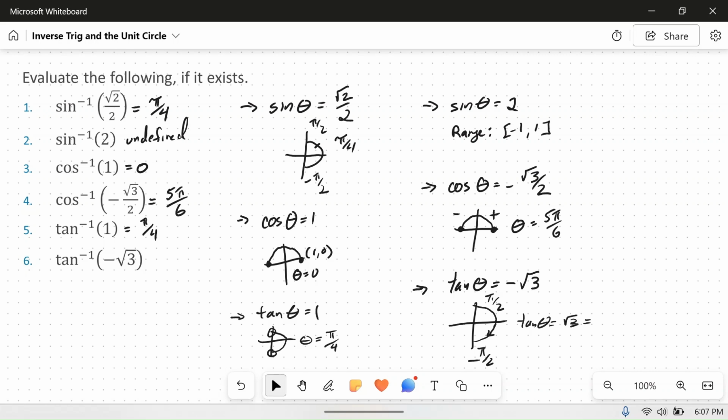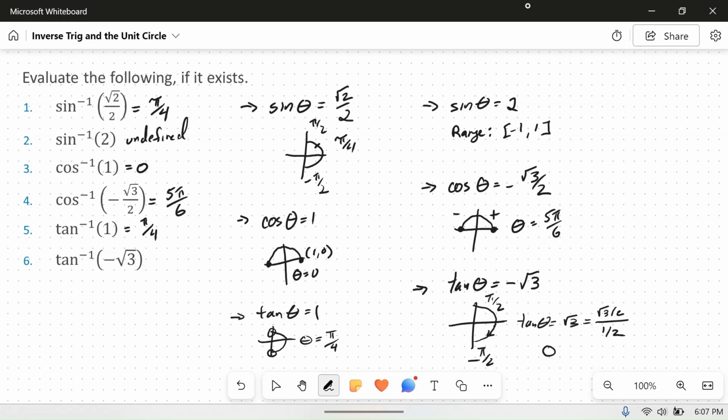Again, remember, tangent is the y over the x. So if my y coordinate was square root of 3 over 2, and the x coordinate was 1 over 2, the 2's cancel, and we're left with square root of 3 over 1, which is square root of 3. So what angle makes the y coordinate, or sine, square root of 3 over 2, and the x coordinate, or cosine, a half?